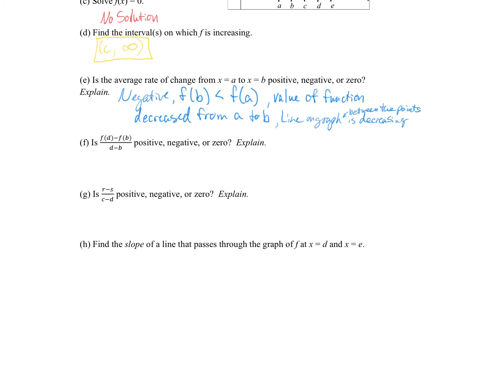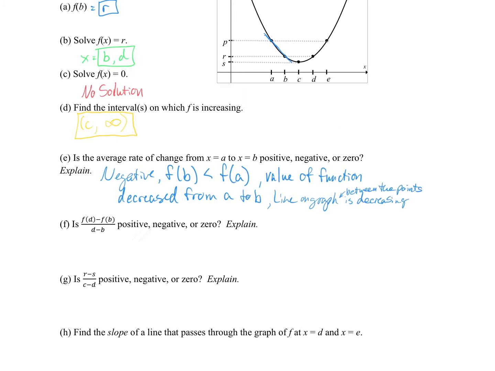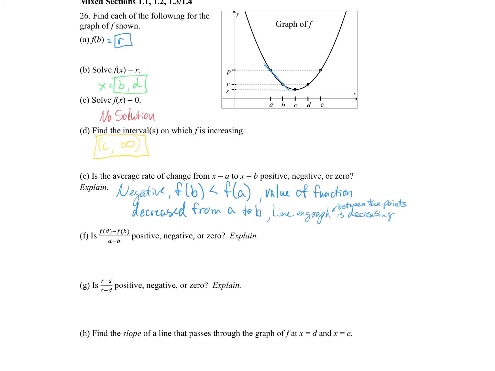So moving on to part F. Okay, I realize I need to see the graph in here too. There we go. Is f of d minus f of b over d minus b positive, negative, or zero? So if we're looking at this here, it looks like the slope equation, and that's because it is.